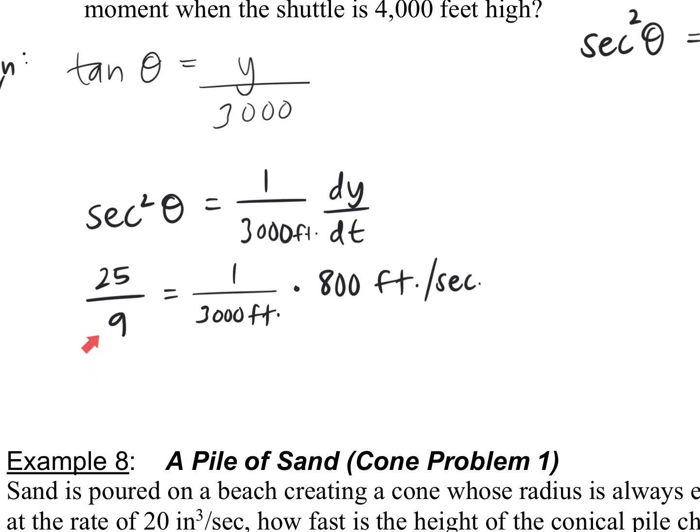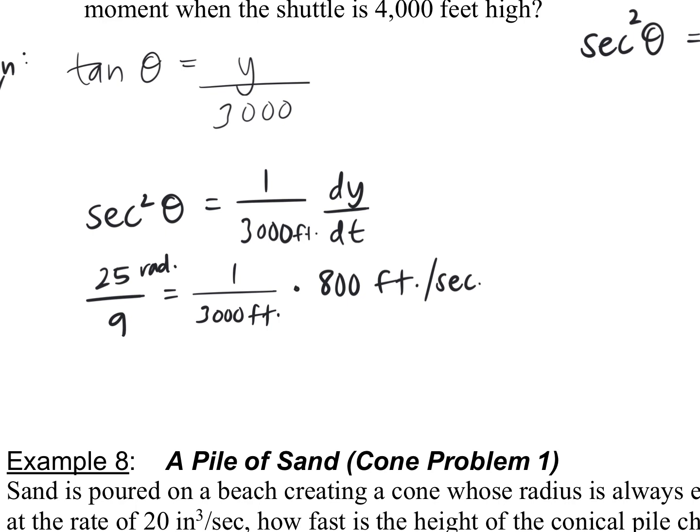Oh, and I forgot, when I evaluate this on the left-hand side, is this 25 over 9 in radians or degrees? It is in radians. So 25 ninths rad.